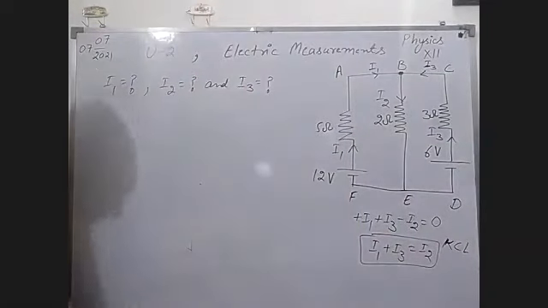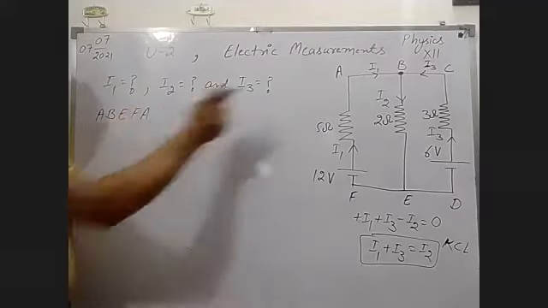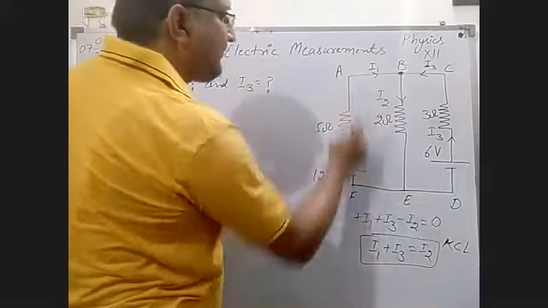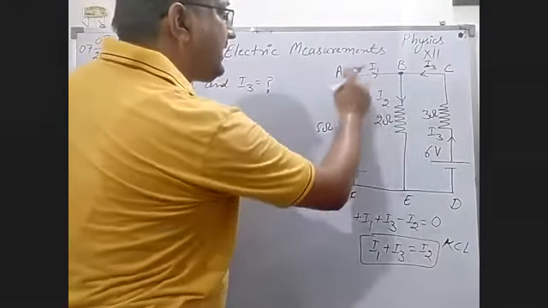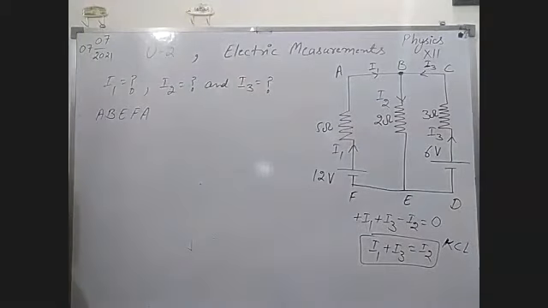Now, how can you apply Kirchhoff's second law in this? Using Kirchhoff's second law, take this loop ABEFA, and in this you can consider either clockwise direction or anti-clockwise direction.